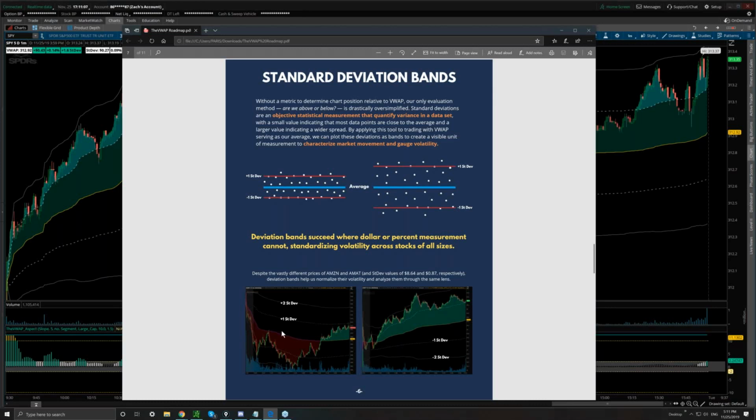So you can actually see, and I apologize, I know this is really small, but I assume you guys have the VWAP PDF guide and you can pull this up on your own. As the VWAP is declining throughout the middle of the day, the standard deviation bands are being dragged downward along with it.